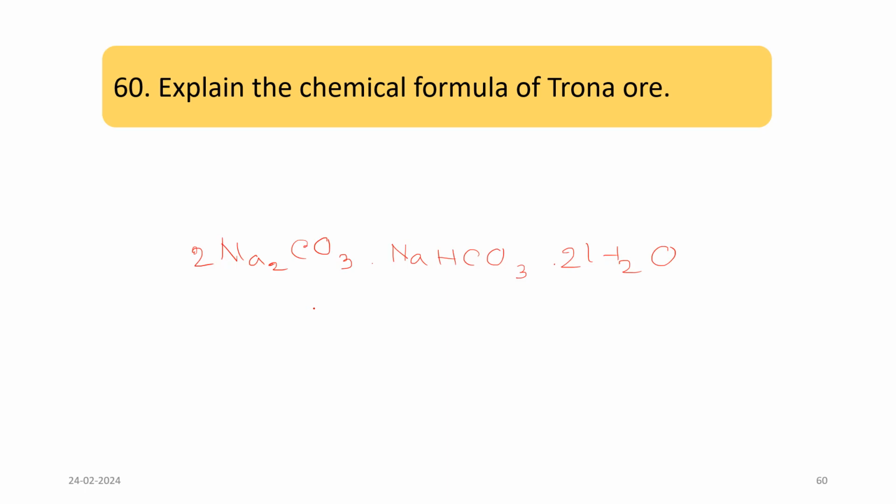Na2CO3 is present at 45% in this mixture, another is present at 36%, and another only 15%, and there are some other impurities, which can be anything, carbon, sulfur, fluorine, etc. So this is the chemical formula for Trona.